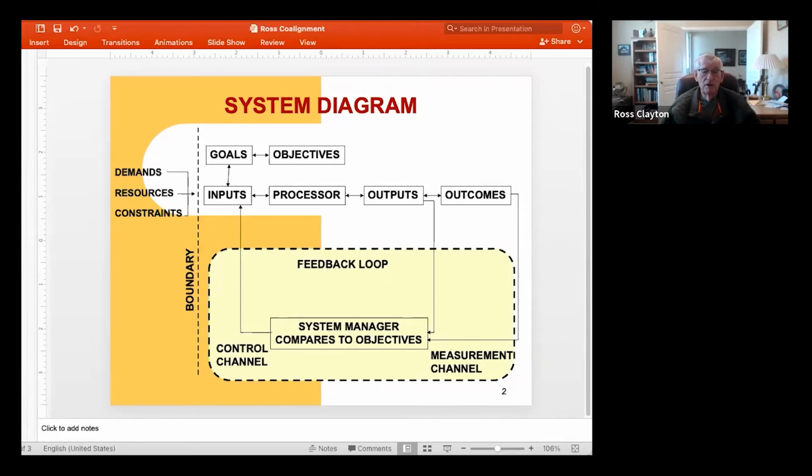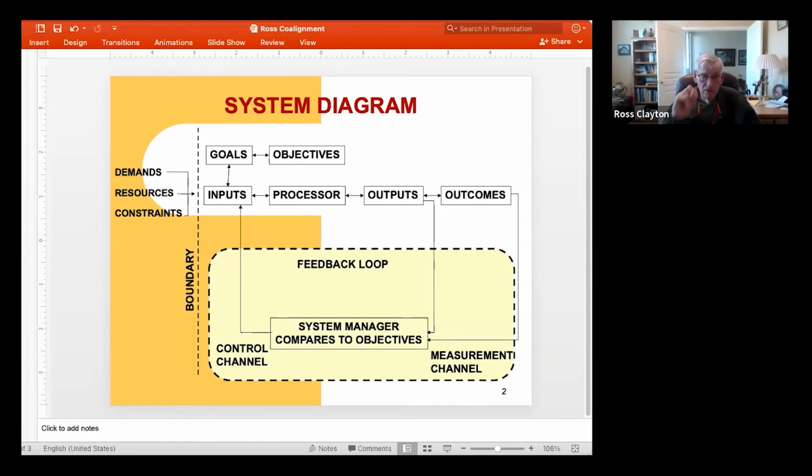So let me start by saying that the goals and objectives, the goals are longer term, mission centered, things like delivering education of a high quality, doing research, providing community service, and so forth.